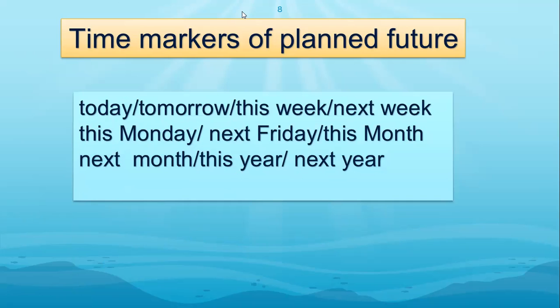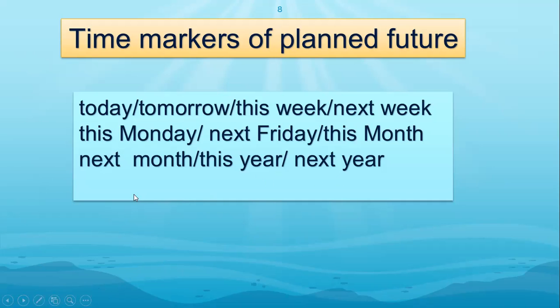If you say, I am learning English next week, then it becomes a planned future. Otherwise, it is now. Normal present continuous, right? You can say my father is working in the garden. What time? Now. But if you say my father is working in the garden tomorrow, that means it's a planned future. Okay, these words are very important.